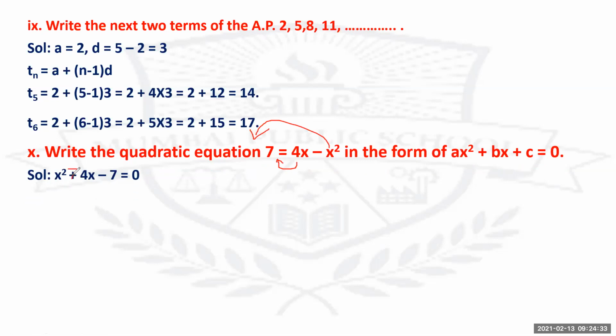It's by mistake, it's plus. Some typing error over here. So x square minus 4x, and this 7 remains on the same side, so that is plus. So x square minus 4x plus 7 equals to 0. There was a typing mistake in this. So the correct answer is x square minus 4x plus 7 equals to 0.